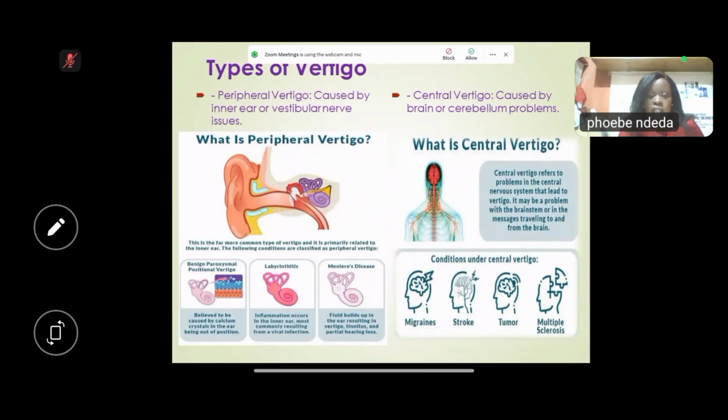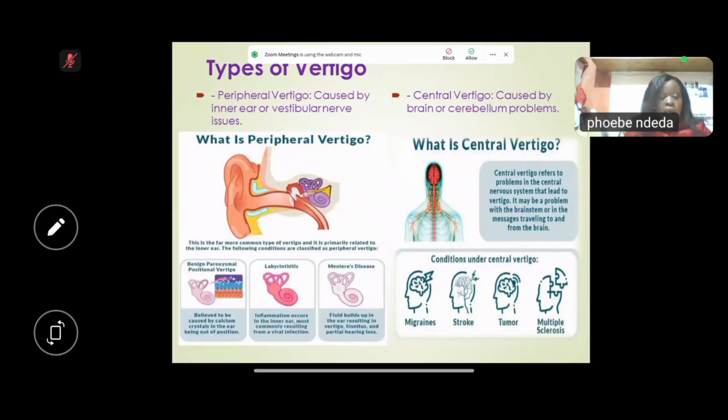When we look at peripheral vertigo, we are going to see different types of it. As you can see there, it is the far more common type of vertigo, and it is primarily related to the inner ear. So the following conditions are classified as peripheral vertigo, as you can see on your screen.